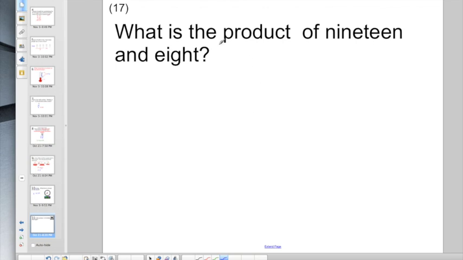Check out this one. I'm pretty sure I had people today when I was correcting, they did not know what a product was. Feel free to look it up in the back of your book. It will tell you it is the answer when you multiply. So I have 19, and they want to know the product when you multiply it with 8.